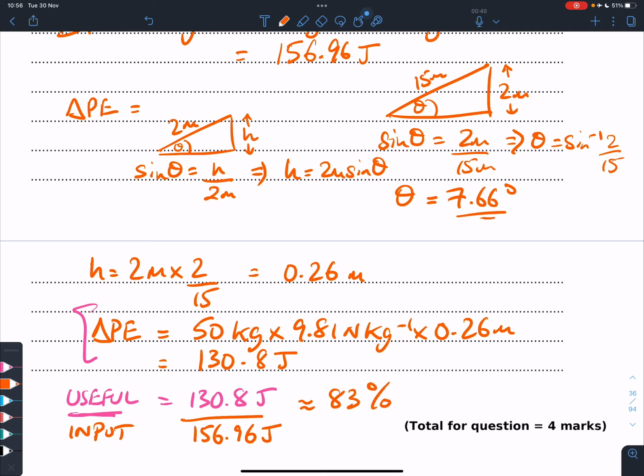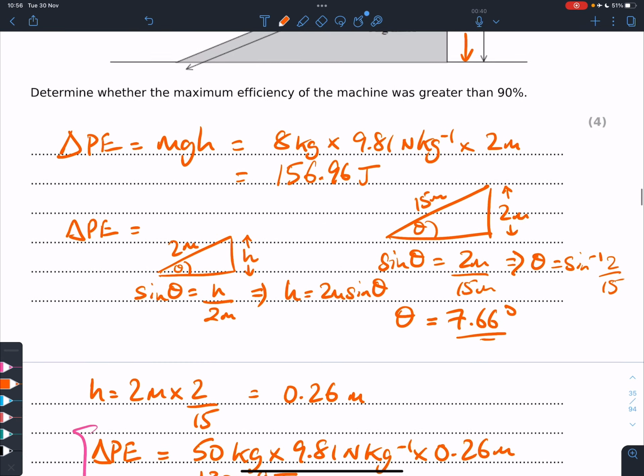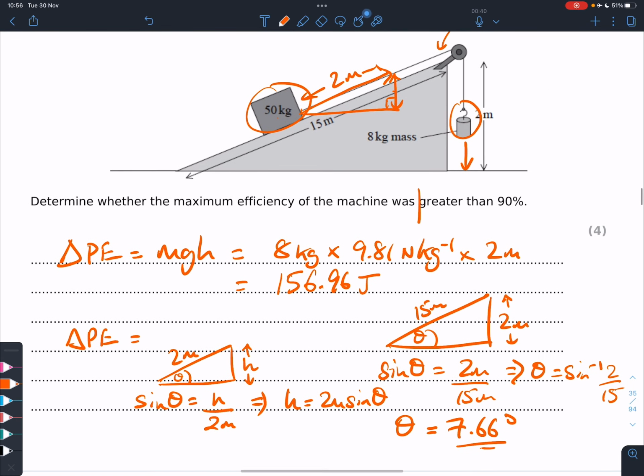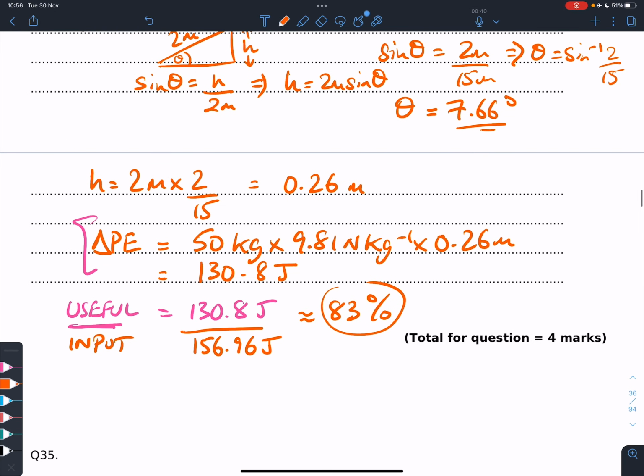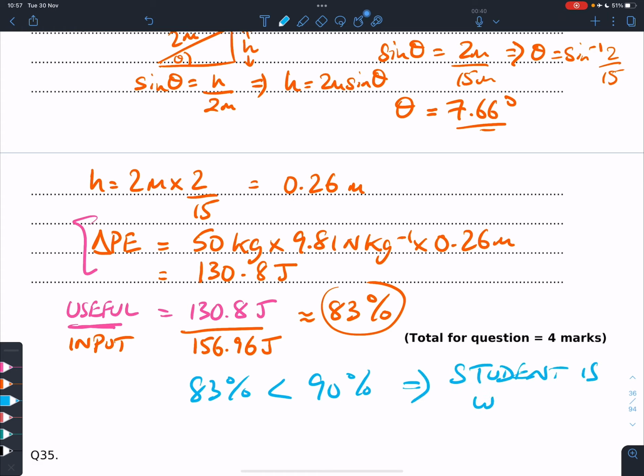About 83% efficient. Now, the student reckoned that it was greater than 90%, so we're going to say that it isn't. So 83% is less than 90%, so the student is wrong. Okay.